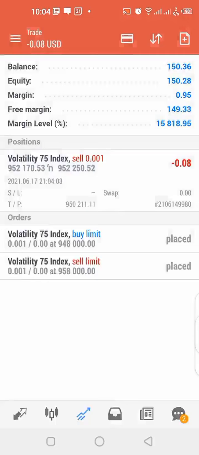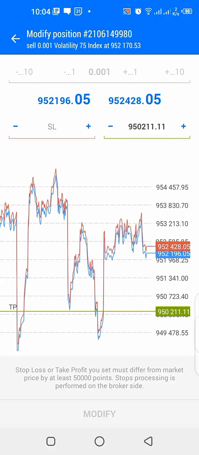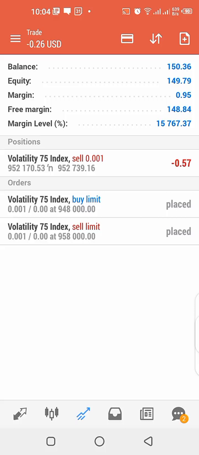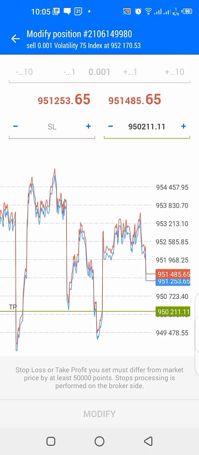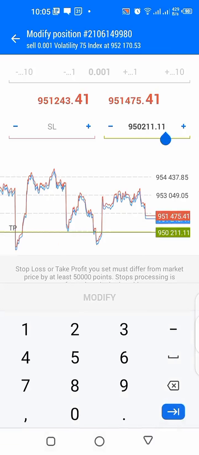So I'm going to place my take profit at a safe distance above the buy limit point, so that I only have one trade running, which I can successfully manage, rather than two running trades where I'd need two hedge trades to cover them. The current running sell trade is in profit.